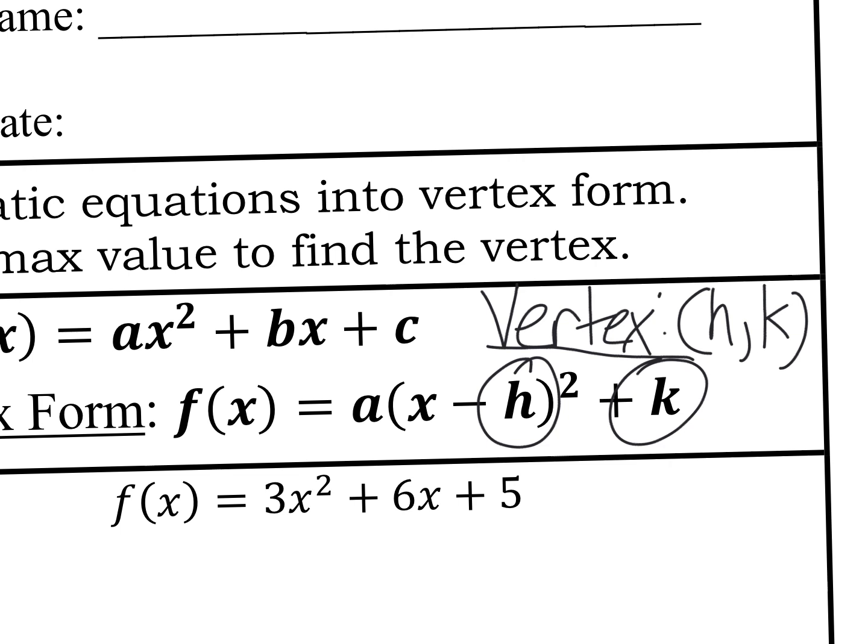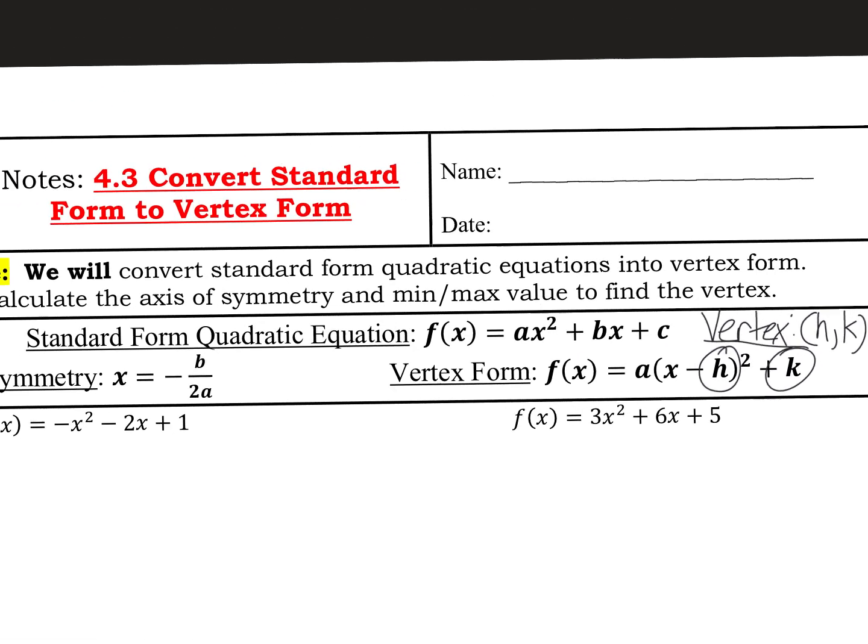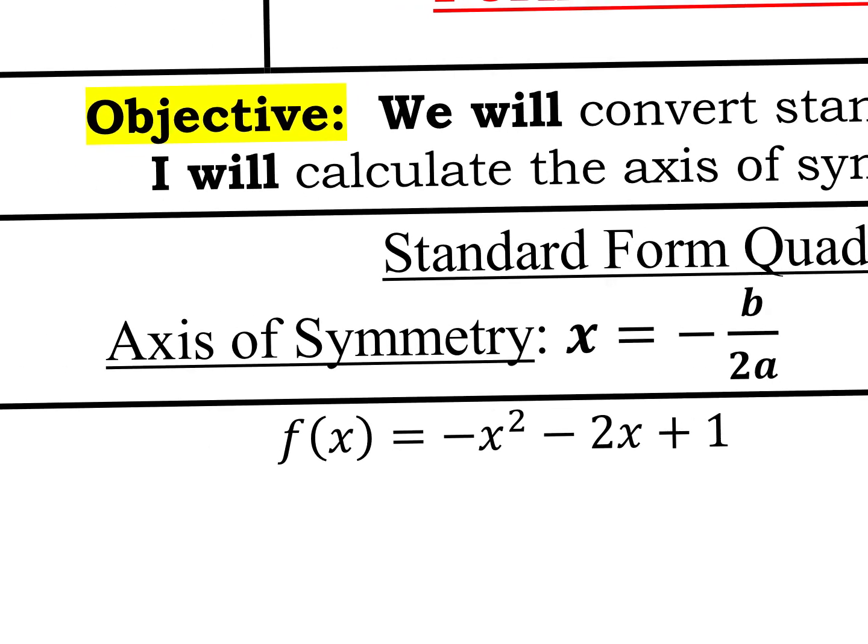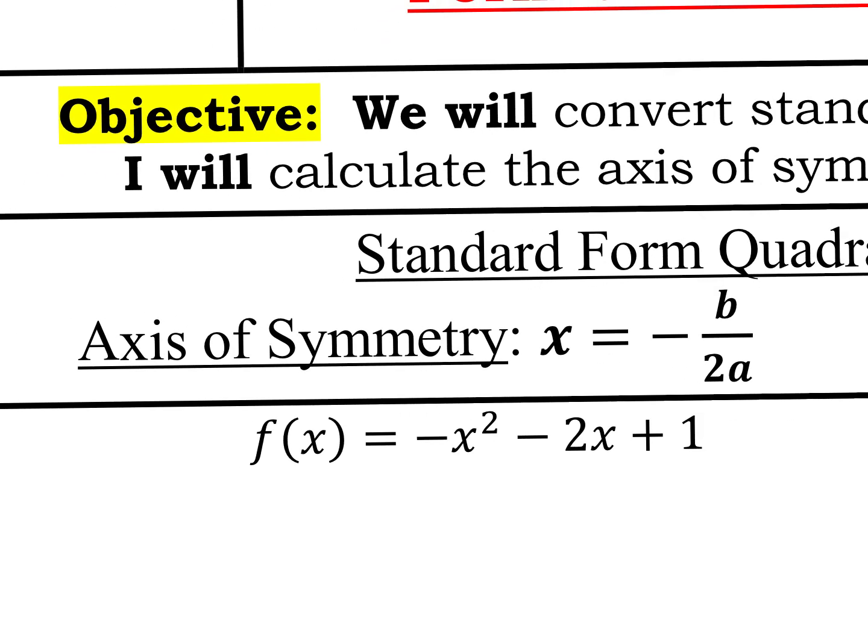So the h is your x coordinate of the vertex, right? And the formula says x minus h, so you're going to have to flip that sign. And on the topic of h, we have this. The axis of symmetry, x equals negative b over 2a.